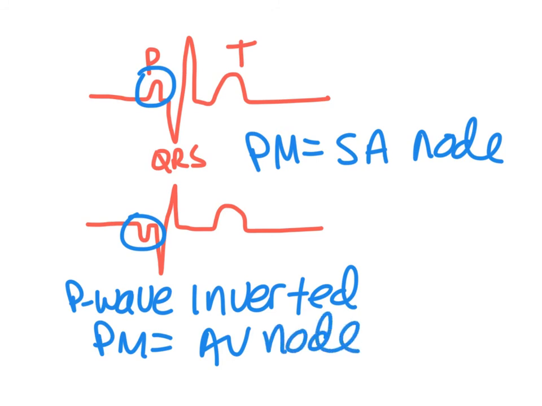So just by looking at someone's EKG, you know if the pacemaker is the SA node or the AV node. If the pacemaker is the AV node, you know that something must be wrong with the SA node. So that would cause the doctor to do some additional testing.